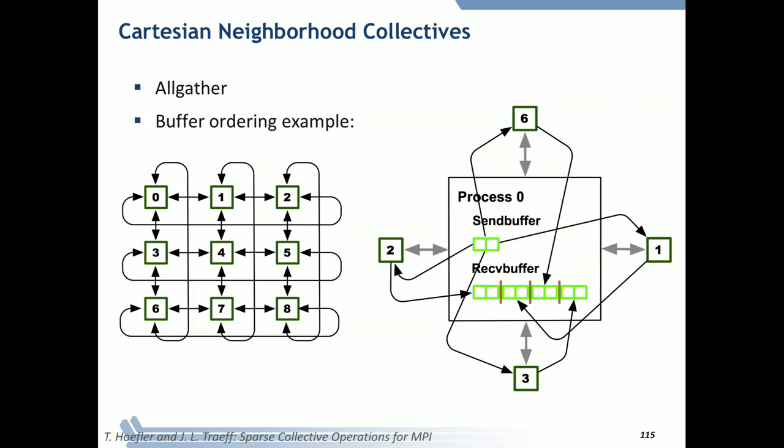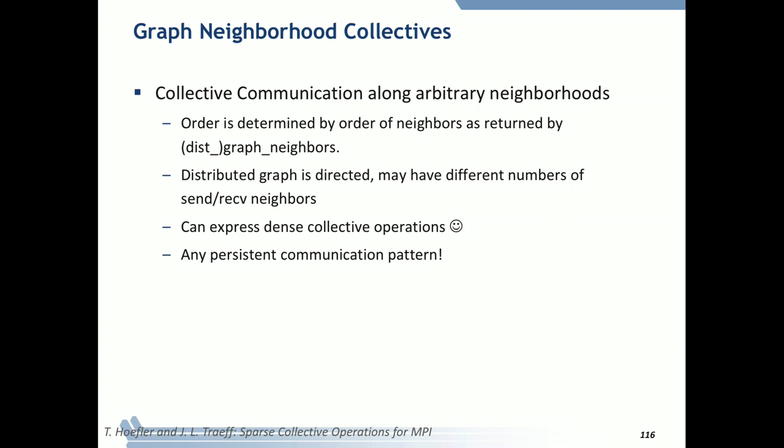In terms of how these are used, buffers are laid out in neighbor sequence, so just defined in a natural way for the Cartesian topologies. It sort of looks like this, so each process is sending in each of the coordinate directions, and has data that they're sending and a data receive buffer.